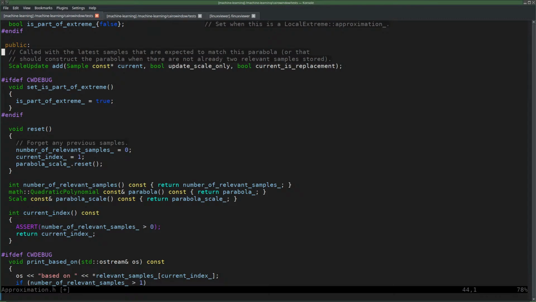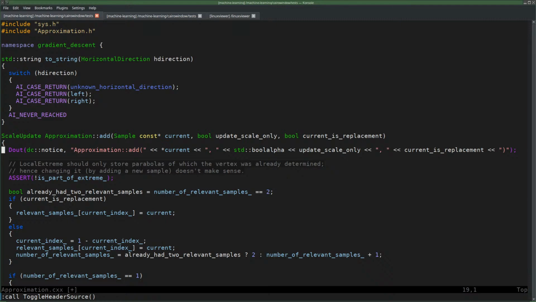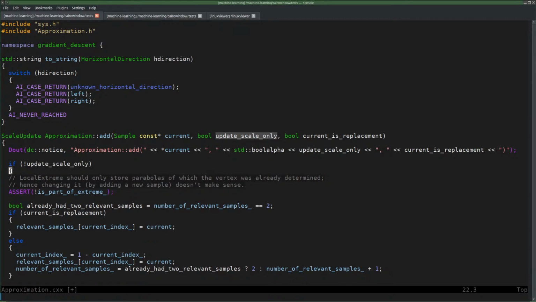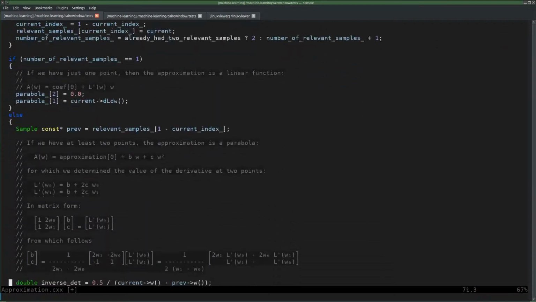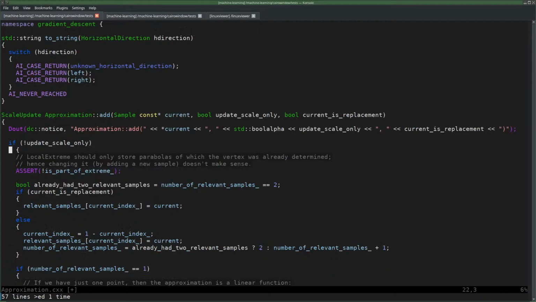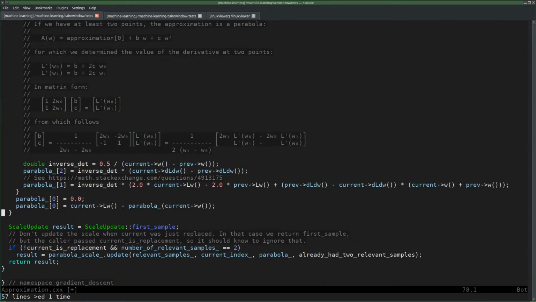I suppose I call it with something that does not match the problem, but update scale only is set. Then only this will happen.